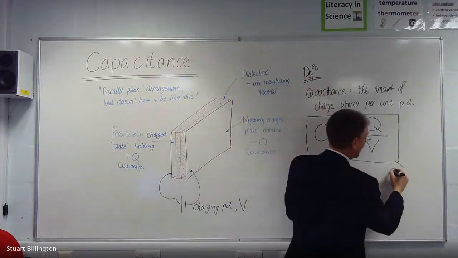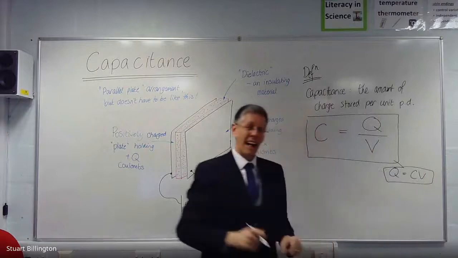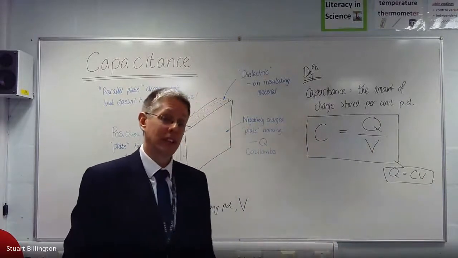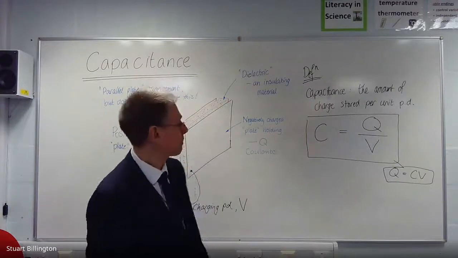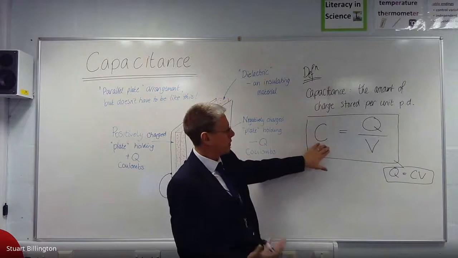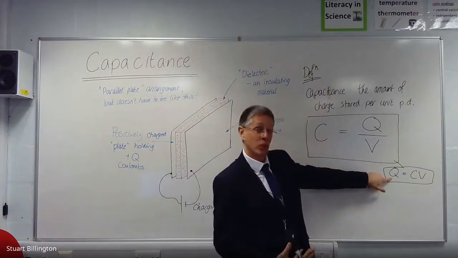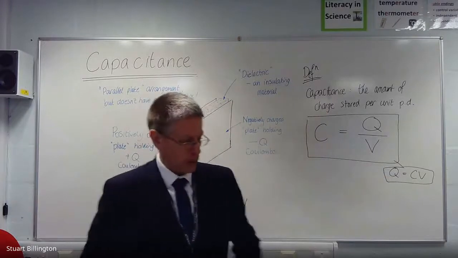So that formula is more usefully written as Q = CV, and that's the form you'll be using in calculations most often. But this is the defining formula, so I'll give it to you the right way round, but that's the more useful expression of it. Okay, units.